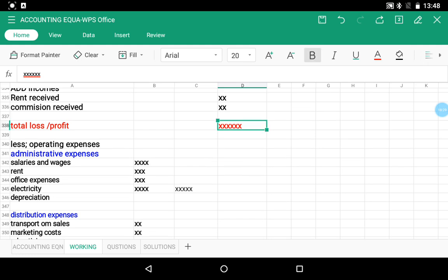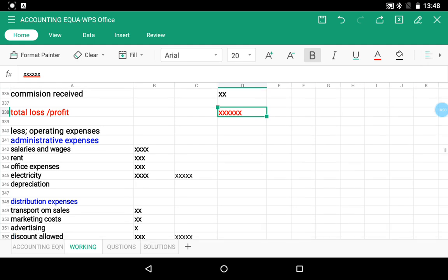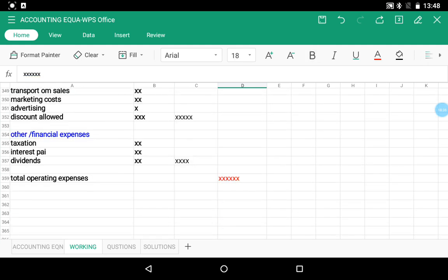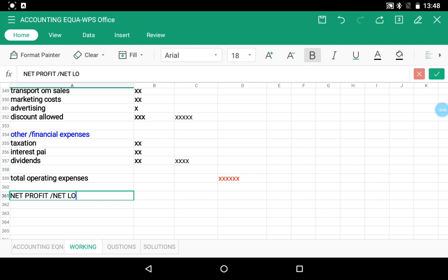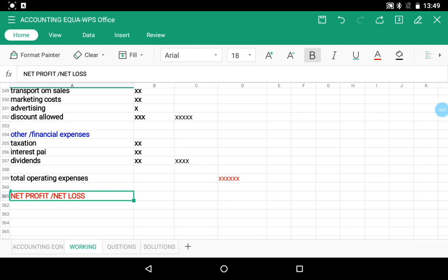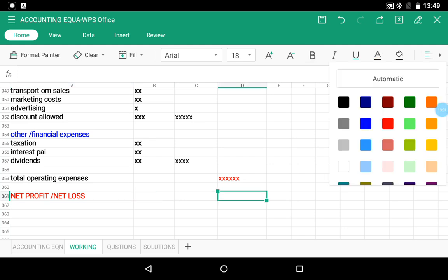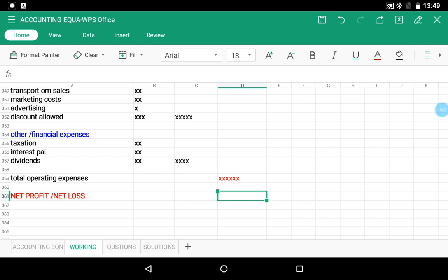When we get our total loss or total profit, we less our operating expenses, and we shall get net profit or net loss. When you get a negative, it is net loss. When you get a positive, it is a net profit. So we shall get our net profit or net loss.